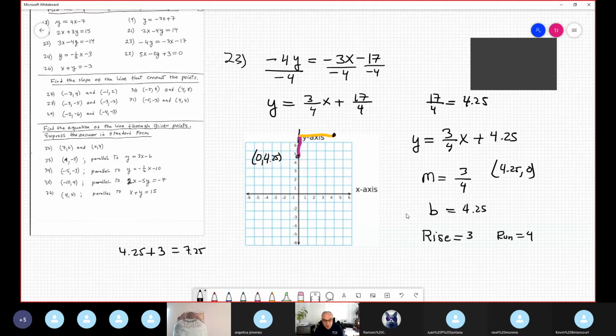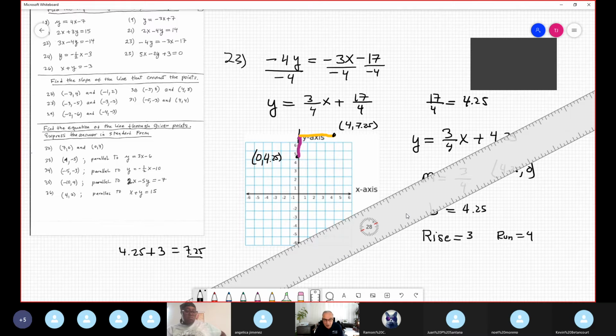We have this point. Okay, by the way, this point is 4, 7.25. Because it's this answer, no? The y value, and the x value is 4, because run is 4. So 0 plus 4 is 4. Now we're ready to do the line.